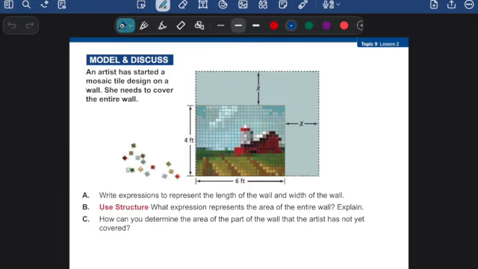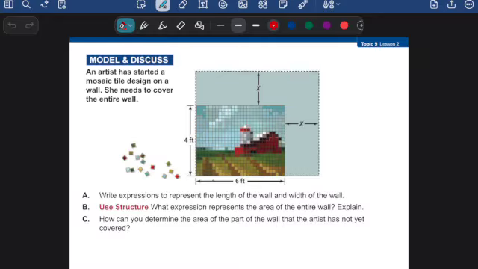In the model to discuss, we have an artist making a mosaic using tiles to cover this wall. You can see the wall is outlined in gray, with a distance of x longer and wider than the mosaic. And the mosaic is 4 by 6. So can we write an expression to represent the total length and the total width of the wall? Well, yes, we can.